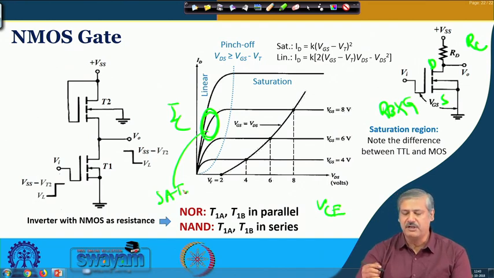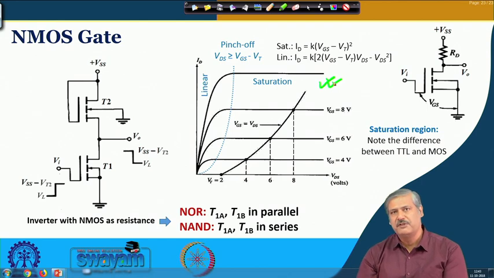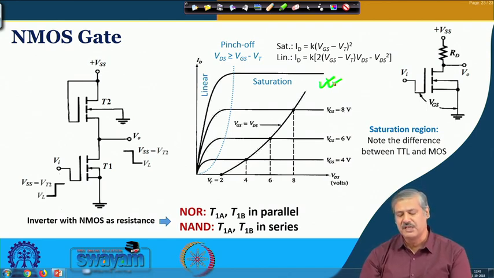However, in this particular case, this region is called the saturation region. This difference is to be noted so as not to get confused. And this region, when VGS is greater than VT and the current increases with increased VDS, is called the linear region or triode region.